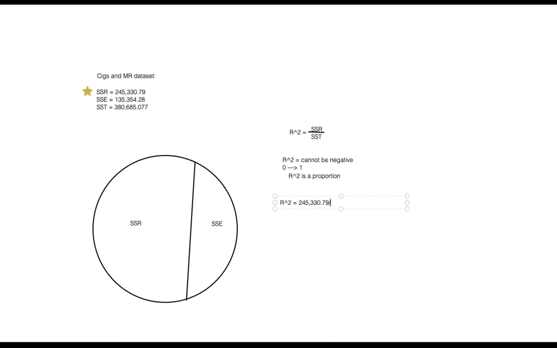245,330.79 divided by SST, 380,685. And let me make sure that I don't have a mistake with my decimal places, because I wrote these two in 2 decimal places, but for some reason this is written in 3 decimal places. Let me just double check that I didn't do a typo here.